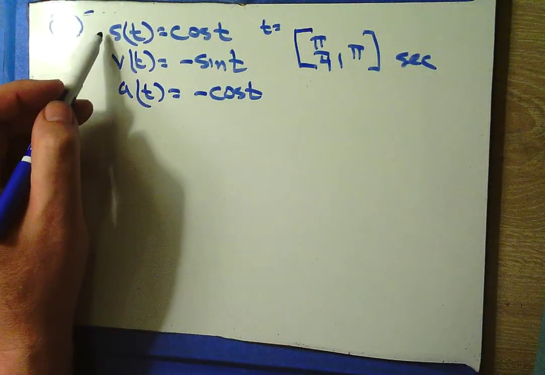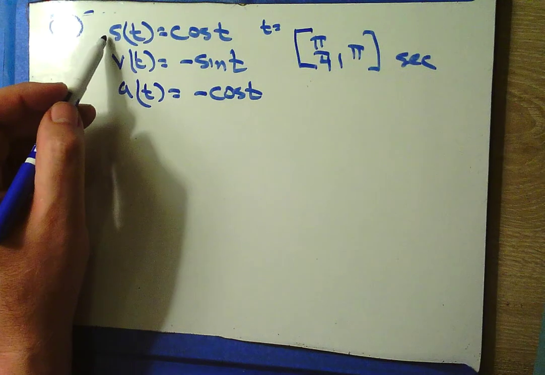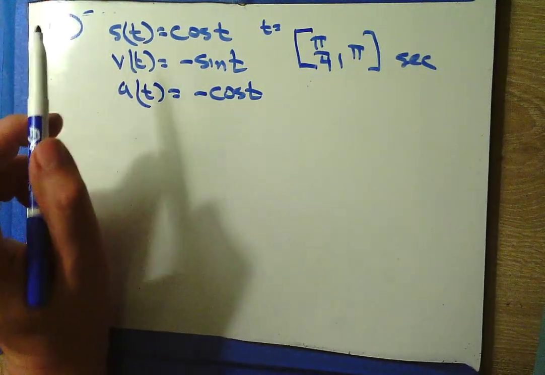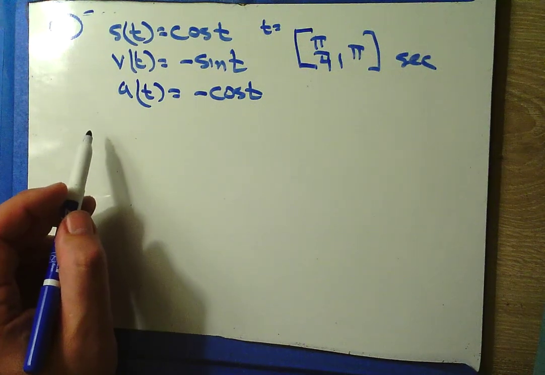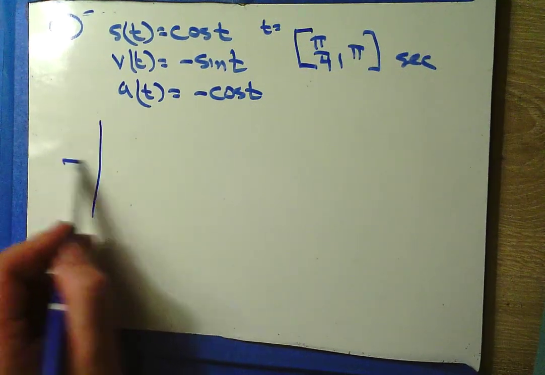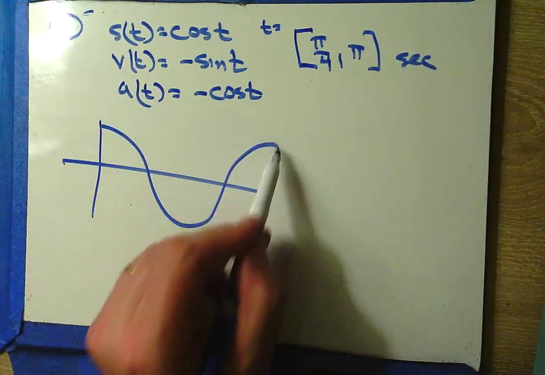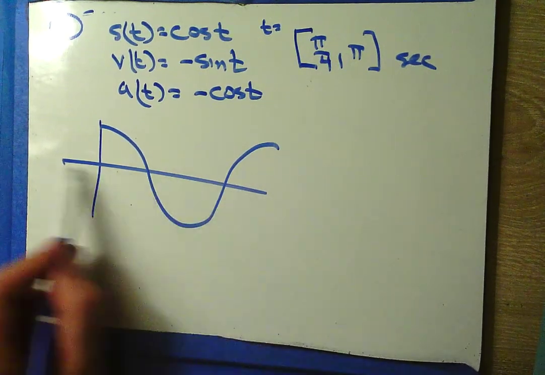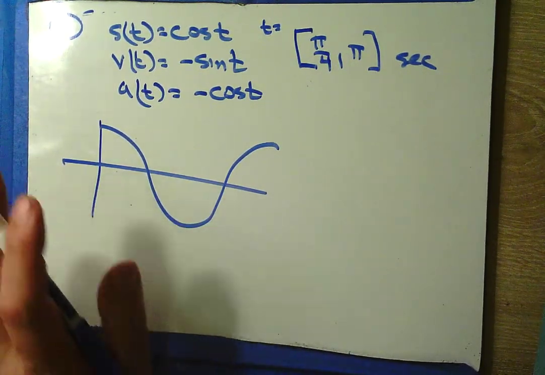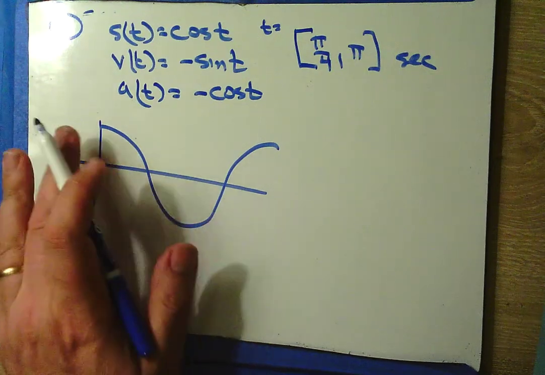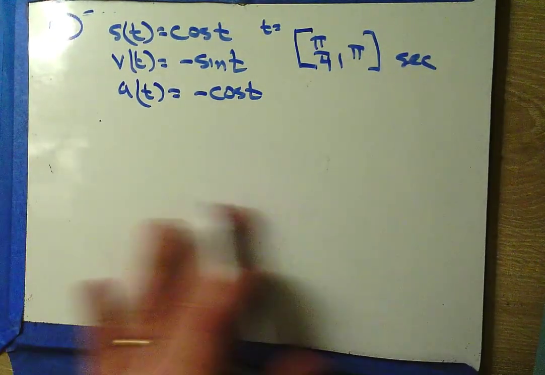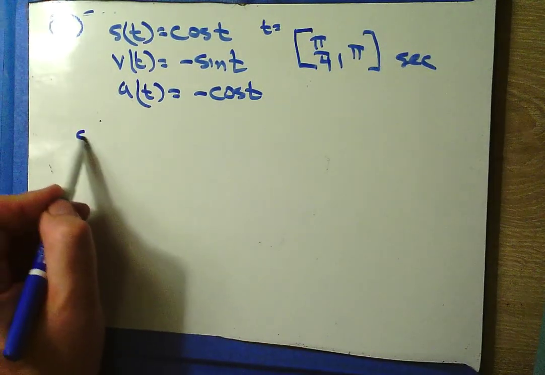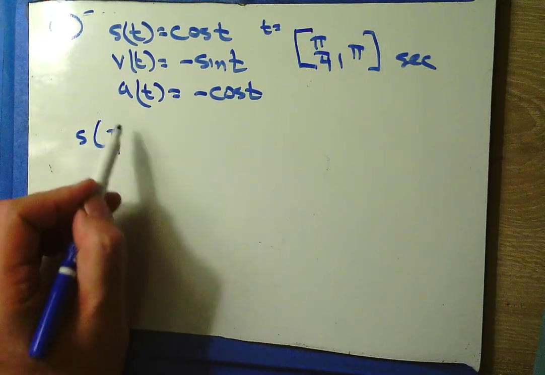And S of t represents a particle moving along the x-axis. And when I say a particle moving along the x-axis, you say, Mr. Kukla, it's not moving along the x-axis, I say, yes, it's moving along the x-axis. So let's think about this. What's S of pi over 4?